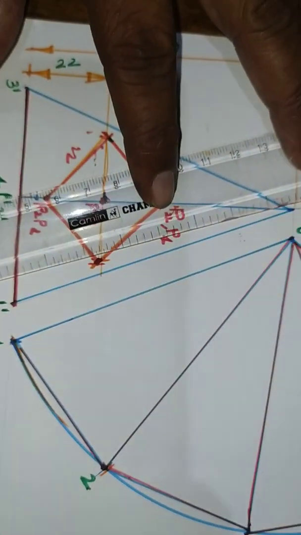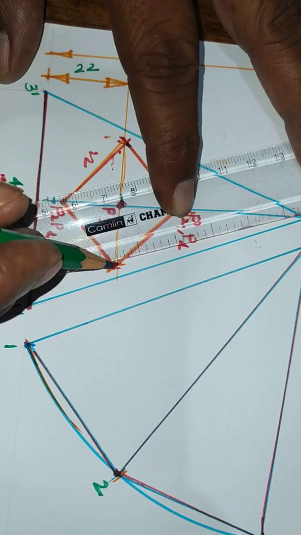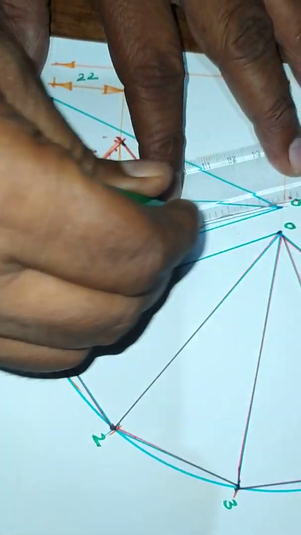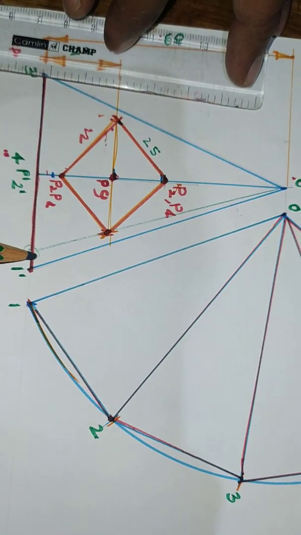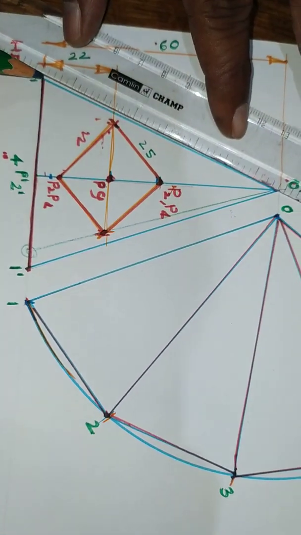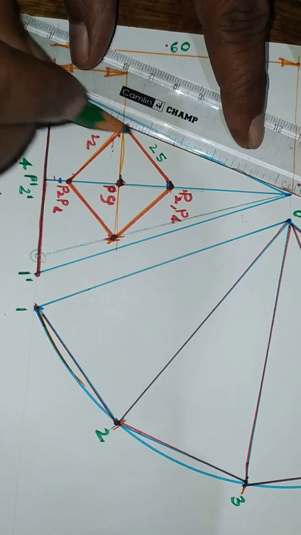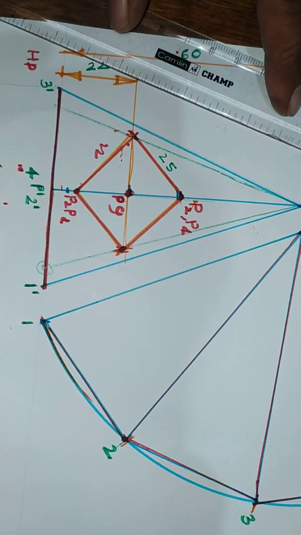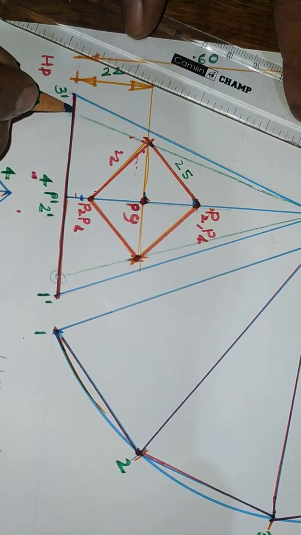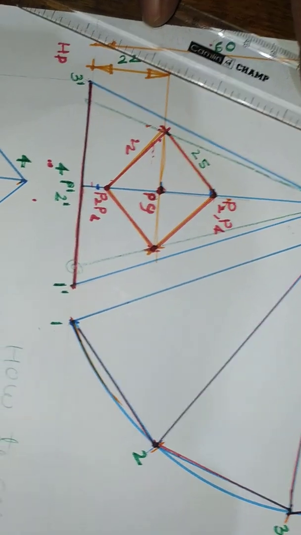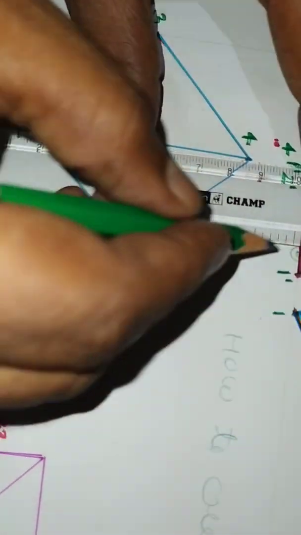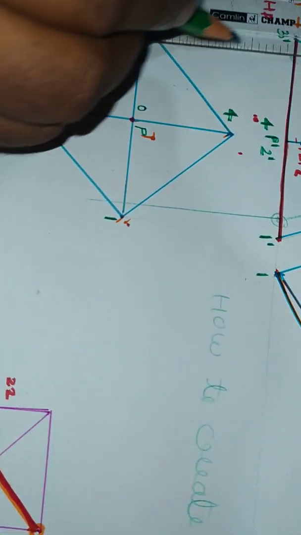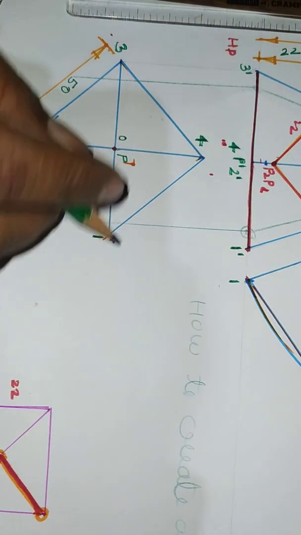Let us observe here. From the apex and from this point, draw a faint projection line. Now transfer it, we have brought it to the base. Here is the base. Transfer this point to the base.